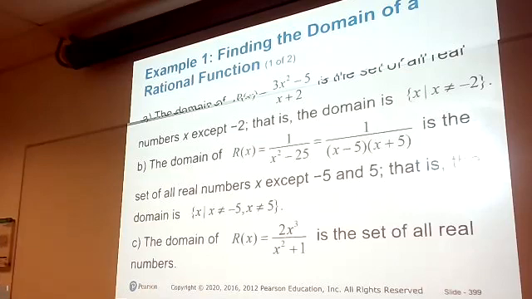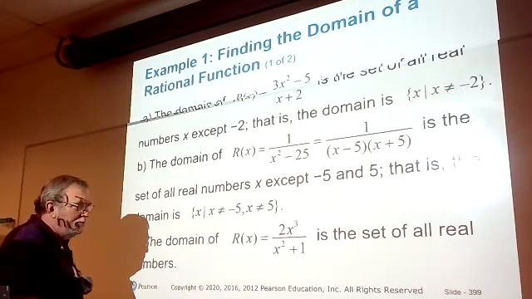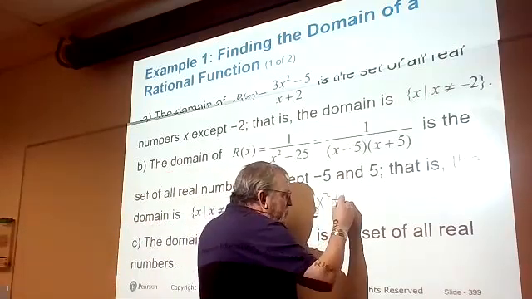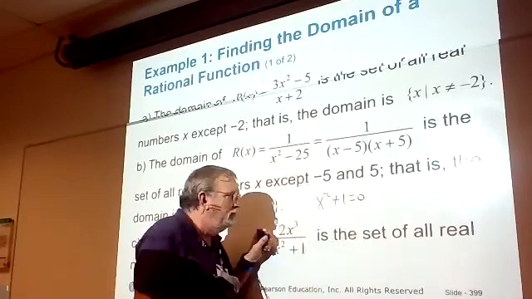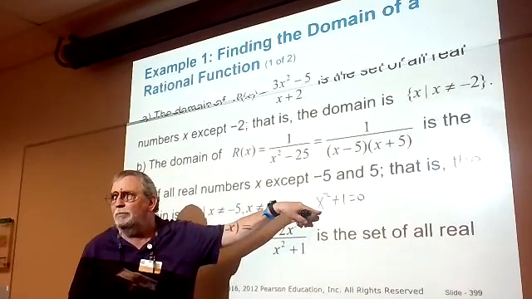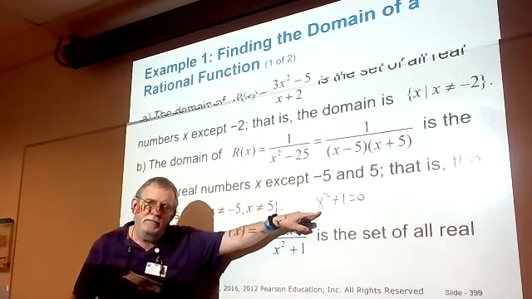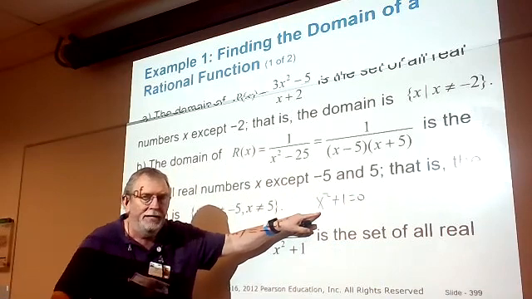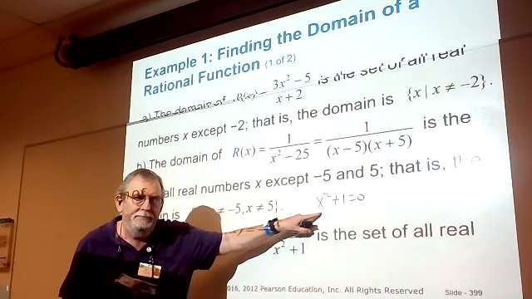Right, this one. They say it's a set of all real numbers. Well, let's take a look at x squared plus 1 equal to 0. Is there any number I can put in for x that will make it -1? Any real number that I can put in for x that'll make it -1?